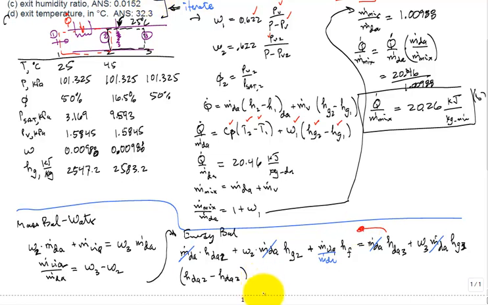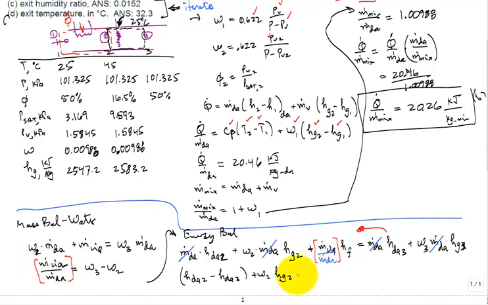Okay, and then we're going to have, there's a couple of steps here. Let me just leave it. Omega 2 Hg2, we're going to substitute for this mass flow rate of liquid divided by the mass flow rate of dry air.